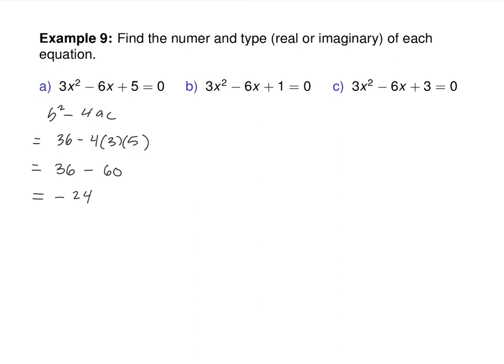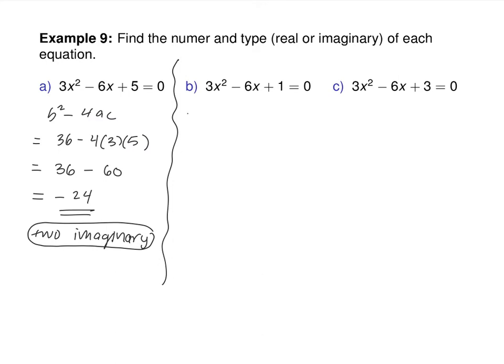Yep. So since this is negative, we have 2 imaginary answers. So if you were to work out the quadratic formula, you're going to end up square rooting -24, which gives you 2 answers that have i's in them. You don't have to actually work it all the way.